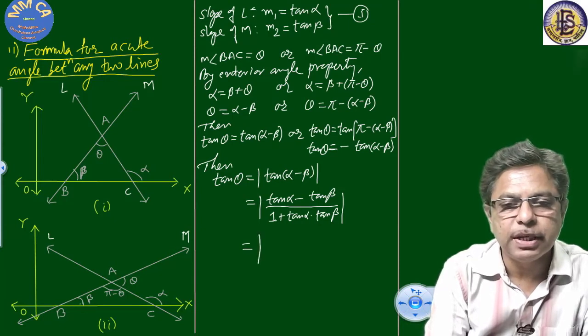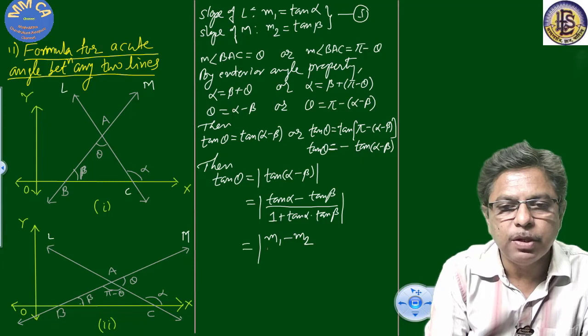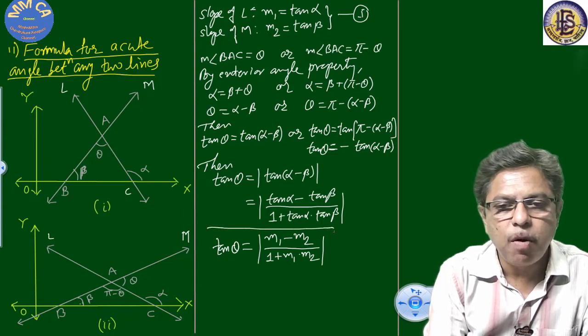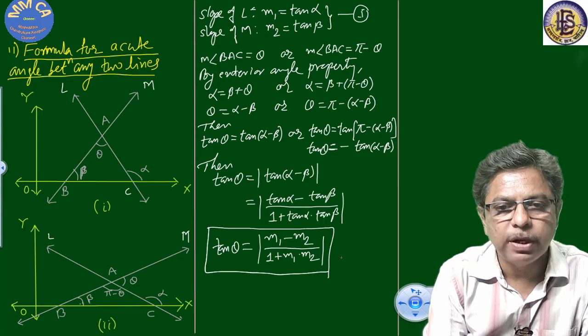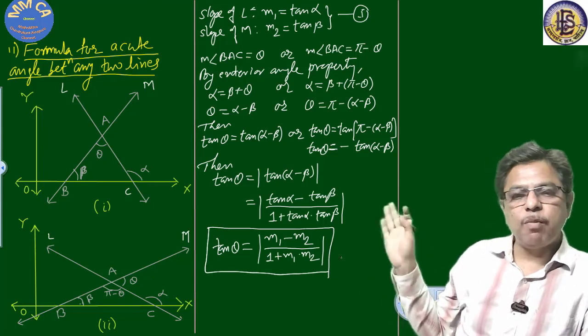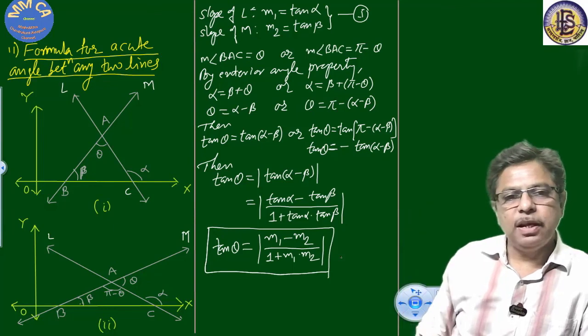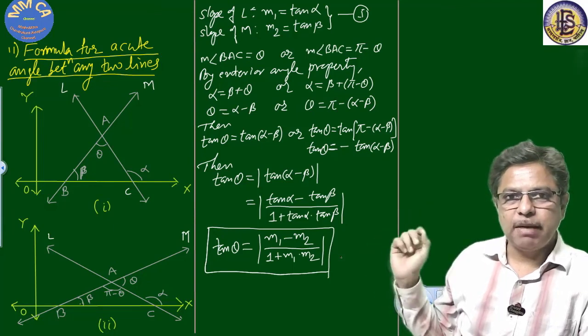So we can use here tan alpha, this is m1, minus tan beta, m2, divided by 1 plus tan alpha, m1, into tan beta, m2. And so we are getting the formula tan of theta is equal to mod of m1 minus m2 divided by 1 plus m1 m2. And this is the formula for the acute angle between any two lines if their slopes are given as m1 and m2.